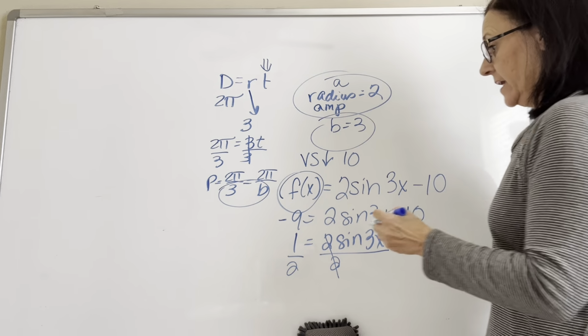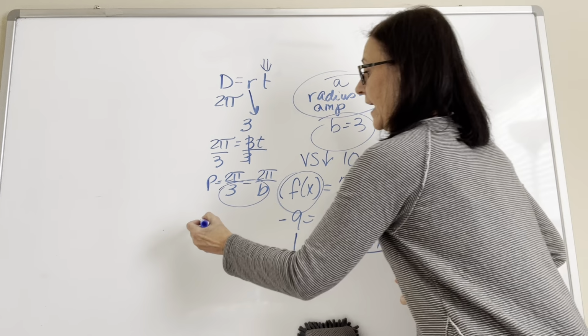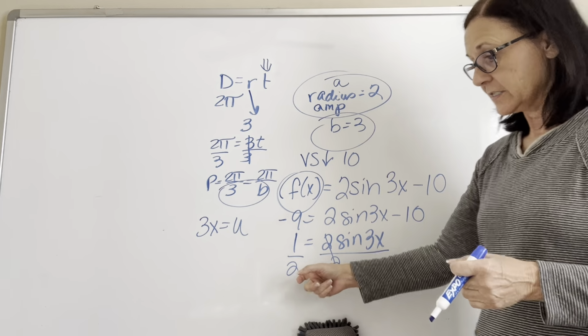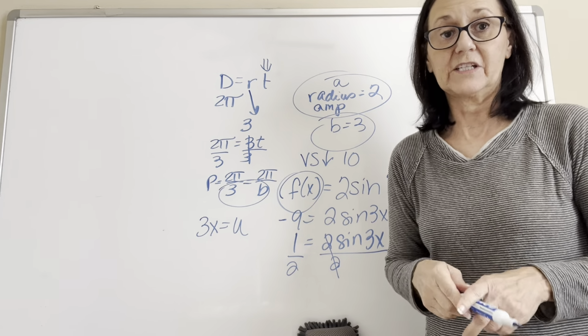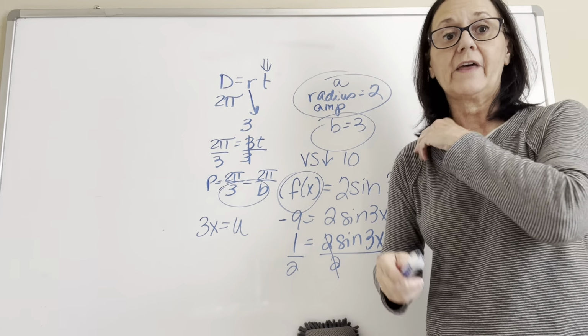We're going to say 3x is u. 1/2 is on the unit circle. It's positive, so we're looking in the first quadrant because it just wants to know that first time that it hits it.